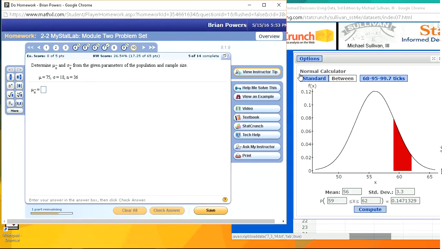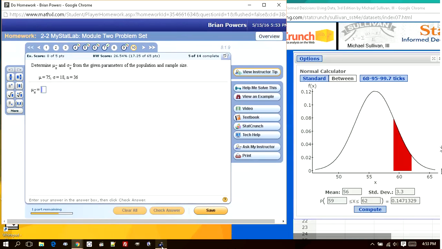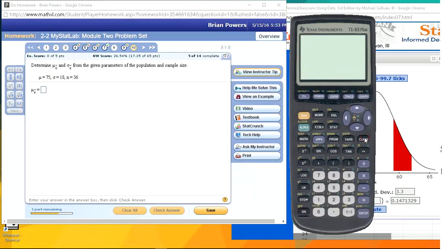Okay, great. Now we're going to do some calculation. I'm going to do this straight in the calculator because StatCrunch doesn't really have a very pretty calculator function in it. Okay, but to calculate for the sampling distribution, if you know the population mean and the population standard deviation, the sample mean is going to follow a distribution with the mean of its distribution always the same as the population mean.